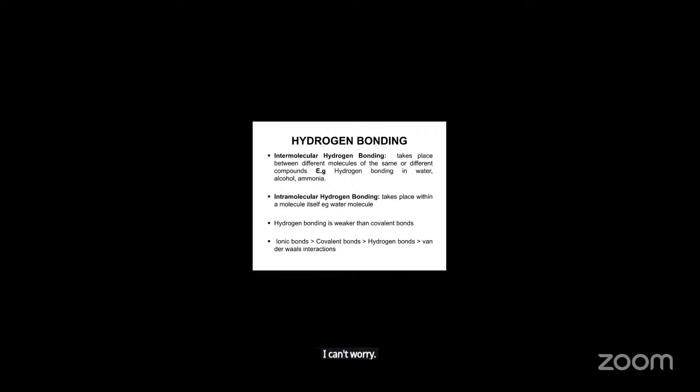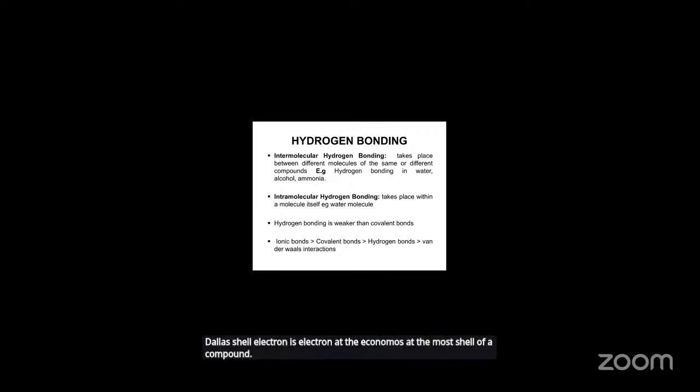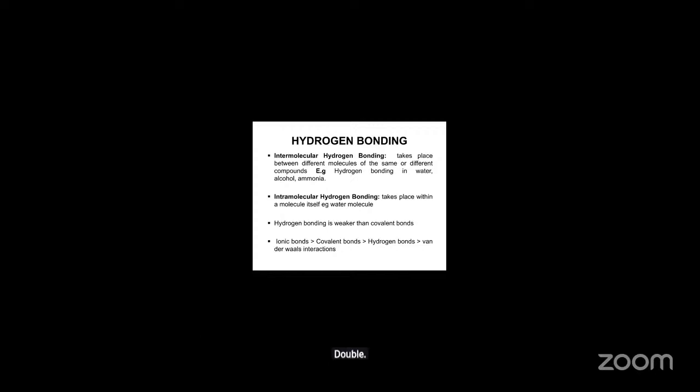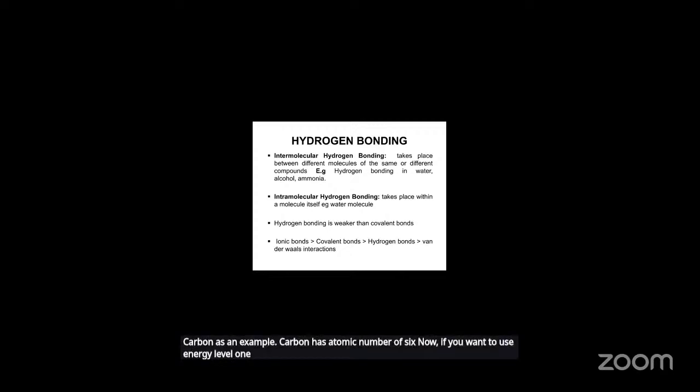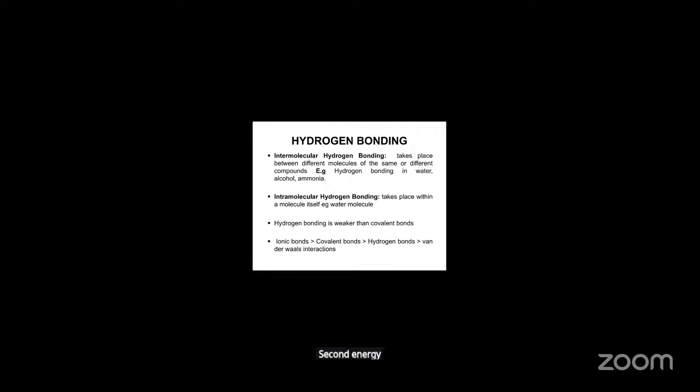Valence shell electron is the electron at the outermost shell of an atom. Example, carbon. Carbon has atomic number of 6. Now, if you want to use energy level 1, energy level 2, the first energy level is going to have 2 electrons. The second energy level is going to have 8 electrons. But in carbon, we have 4, so that 4 is at energy level 2.